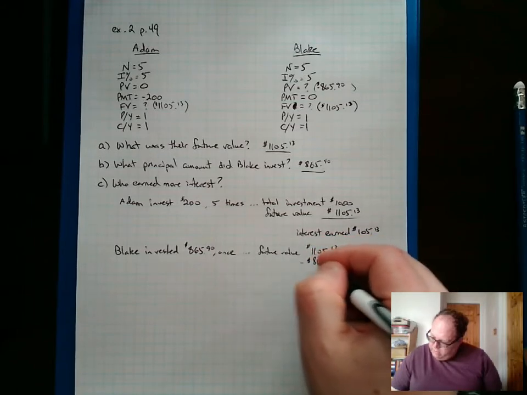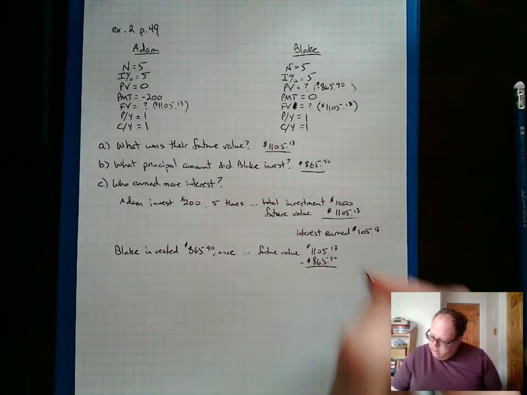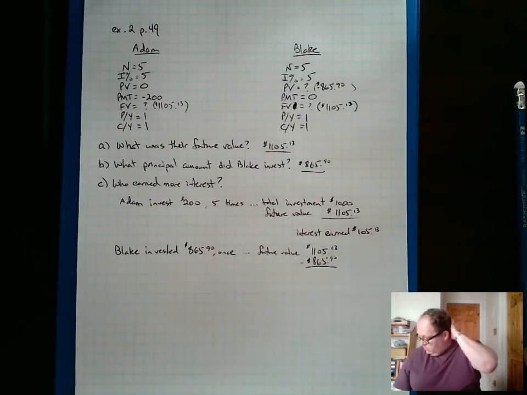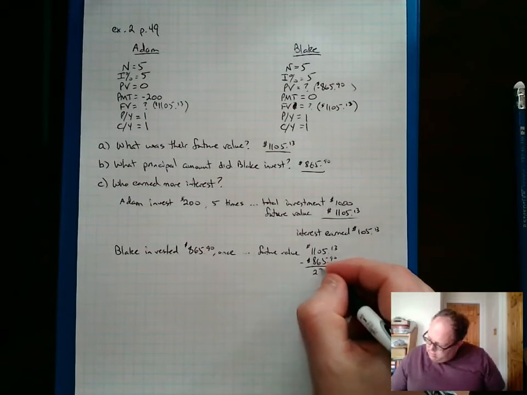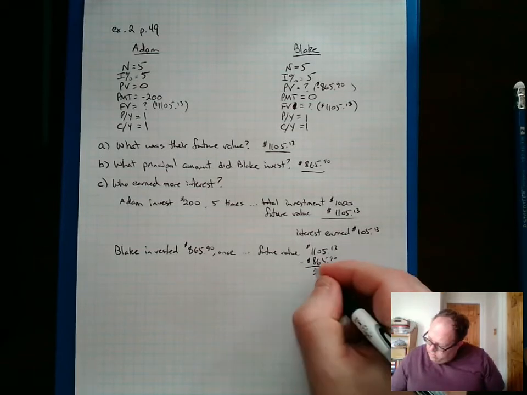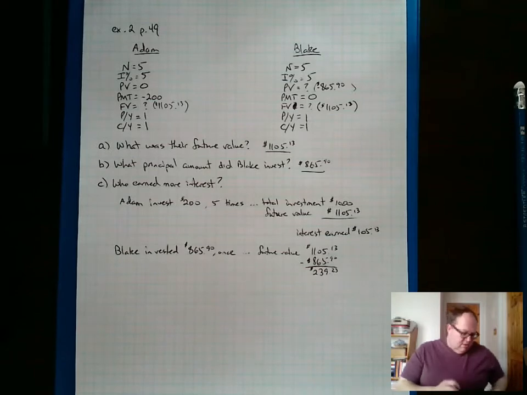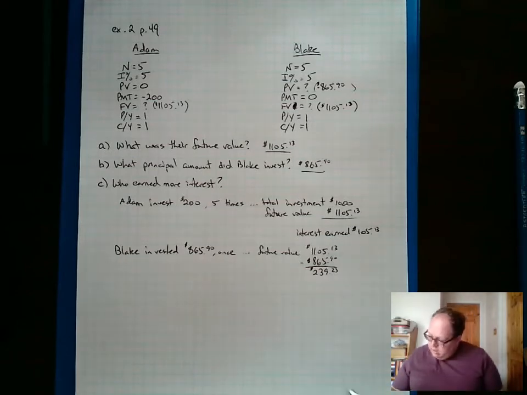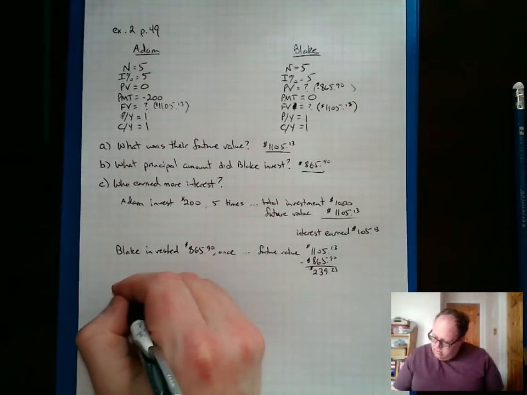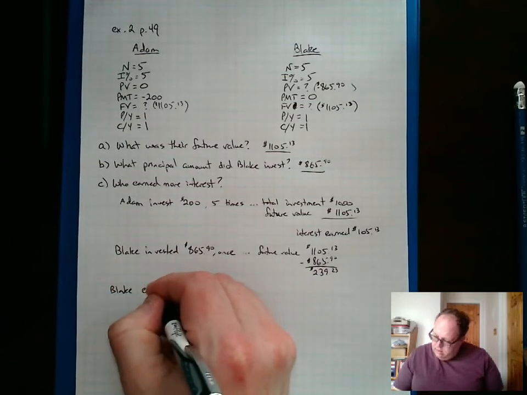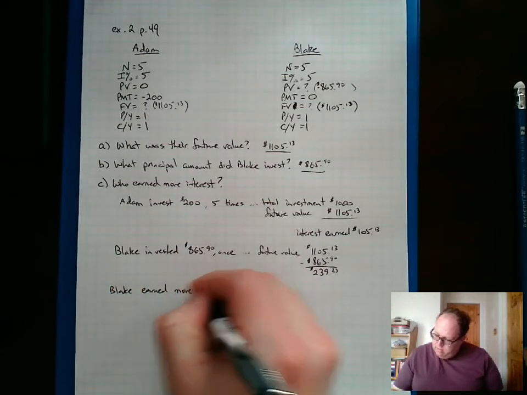If I take the difference, I would get $239.23. So, Blake earned more interest.